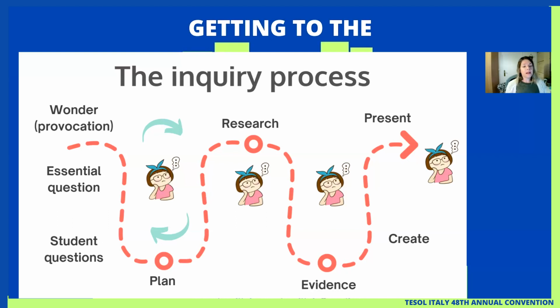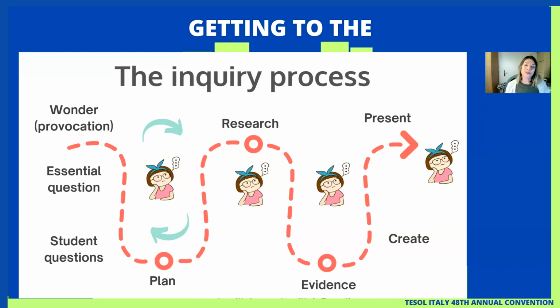So we've done probably the main part of the inquiry now. We've had our questions, we've done activities to find out information, we've looked at the information and thought about how it answers the question.